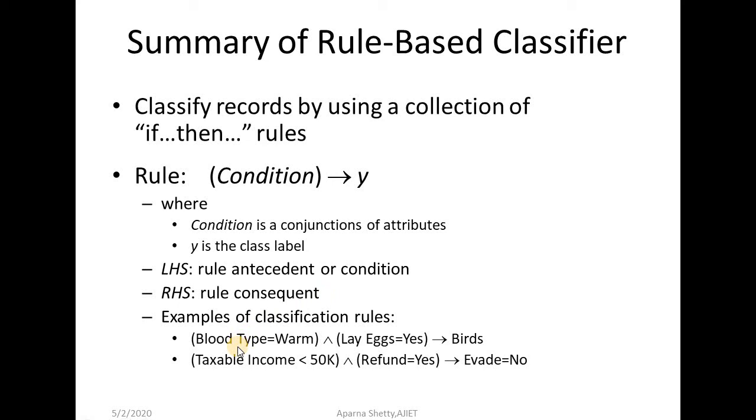Examples of classification rules: if blood type is warm and lay eggs is yes, then it implies class birds. Second rule: if taxable income is less than 50k and refund is yes, then evade is no, that is, defaulted borrower is no. So you will assign the class label no here.